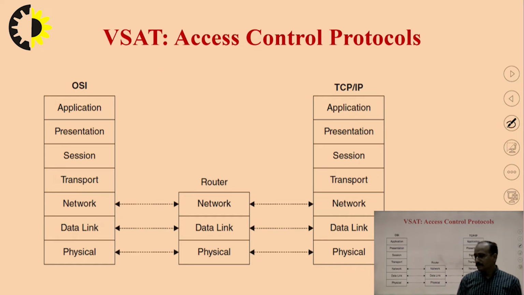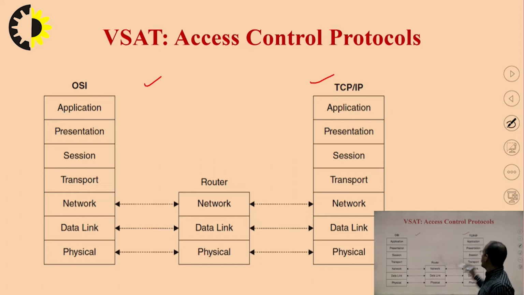Now VSAT is basically using a software part also, and to control the VSAT access, a protocol structure is there, and when this picture is coming into that, which kind of access control protocol is going to be used by the VSAT, you have to understand that it all started with the OSI and TCP/IP protocol.